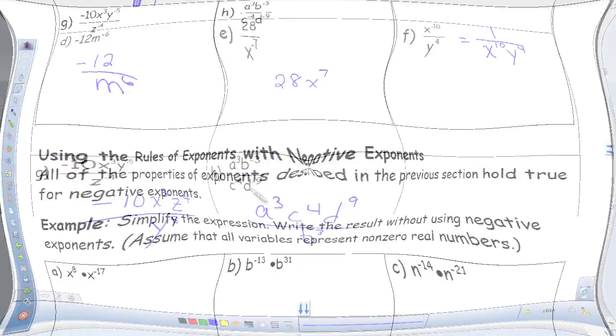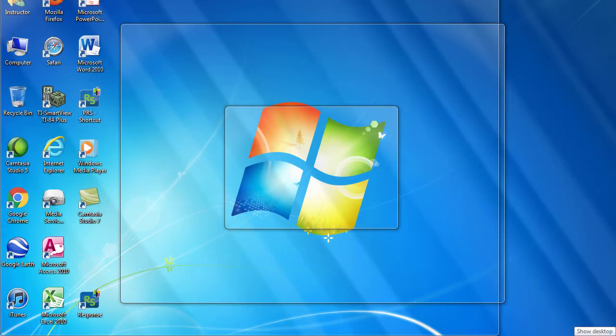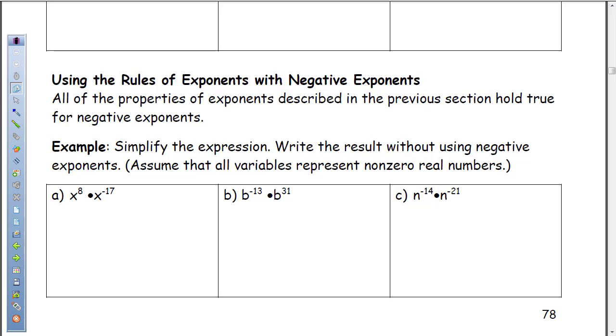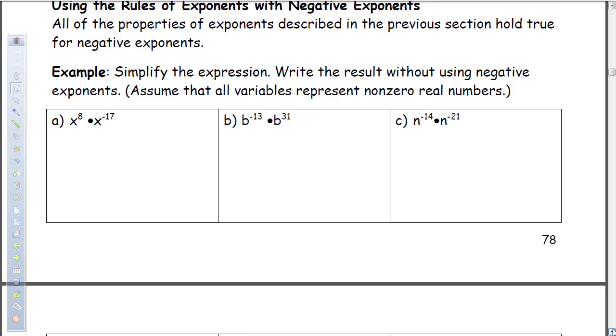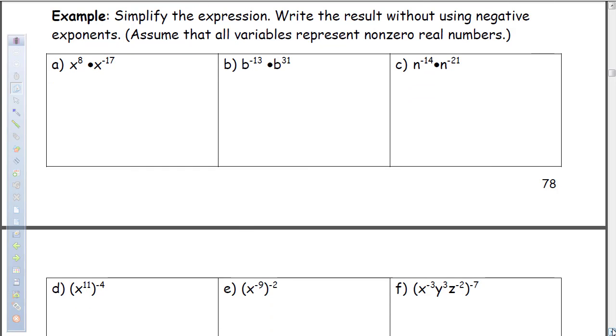Okay. All right, using the rules of exponents with negative exponents. Okay, all of the properties of the exponents described in the previous section hold true for negative exponents. So we don't have a new set of rules for negative exponents. Okay, all of the same rules still apply. So we'll try some of those rules with some factors that have negative exponents.